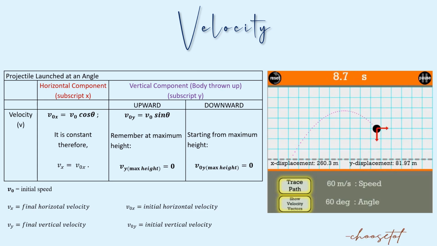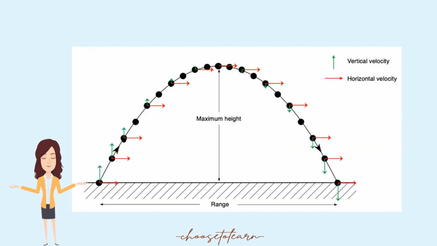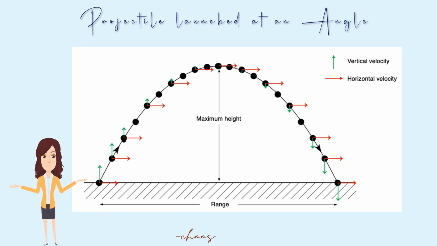Now, if you remember the speed symmetry, you'll know that the speed of the projectile at any height above the starting point on its way up is actually equal to its speed at the same height on the way down. The only difference is the sign, since the velocities going down are negative since the motion is going downward. Let's review the velocity of a projectile launched at an angle.